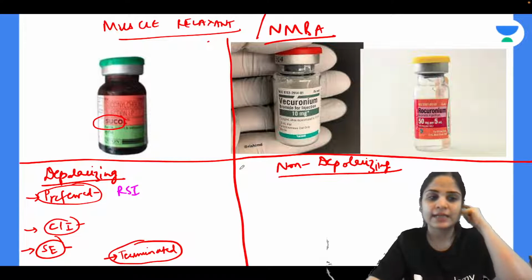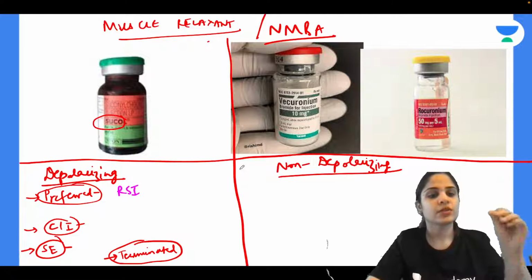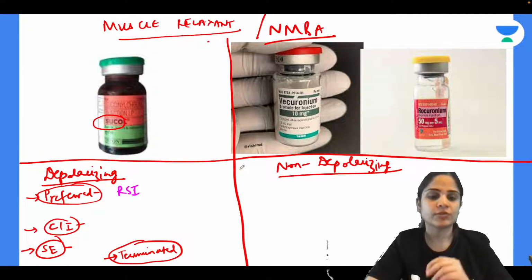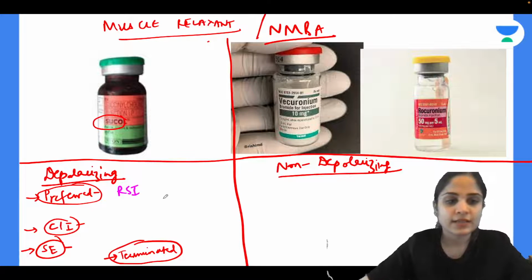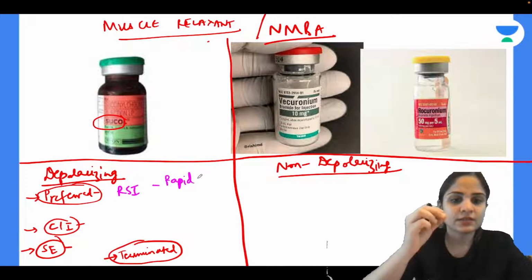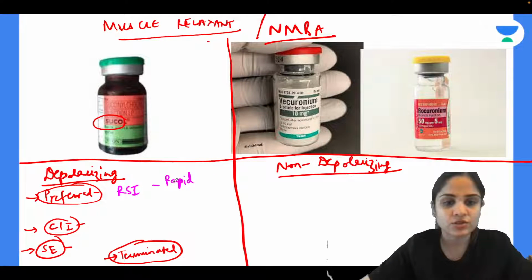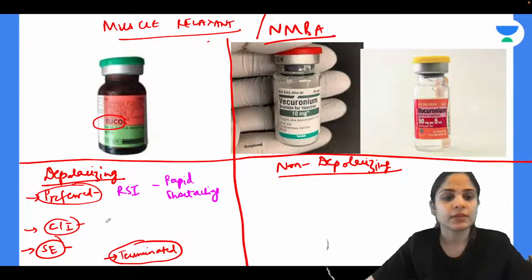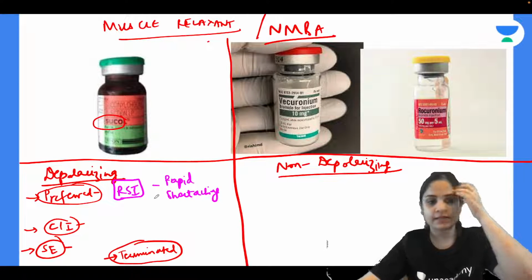So in that case, the patient is not fasting enough, you will prefer to give succinylcholine. Why? Succinylcholine is rapidly acting, it acts within 30 to 40 seconds, and it is short acting. It acts for 9 to 14 minutes. So for rapid sequence induction, we prefer succinylcholine.